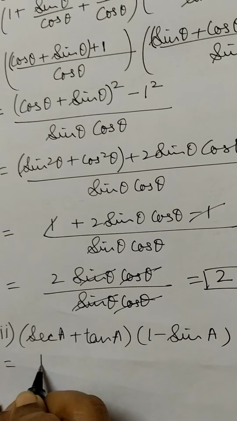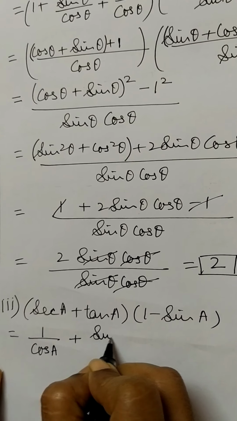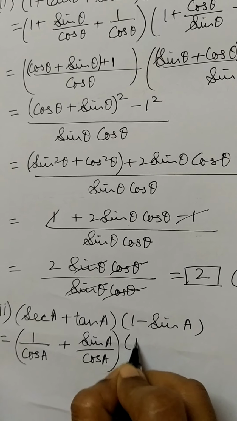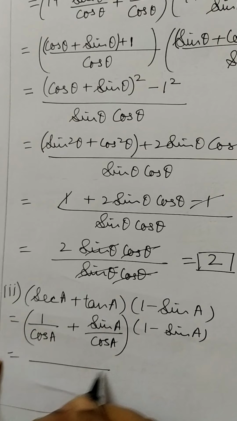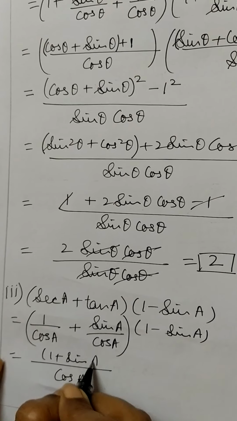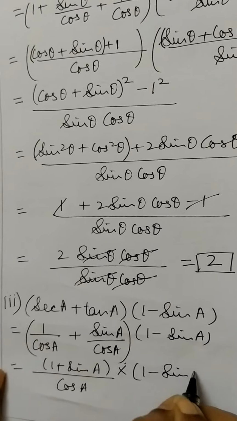So sec A we can write as 1 upon cos A and tan A we can write as sin A upon cos A. Second bracket as it is. Now in first bracket if we take LCM cos A, it will become 1 plus sin A into 1 minus sin A as it is.